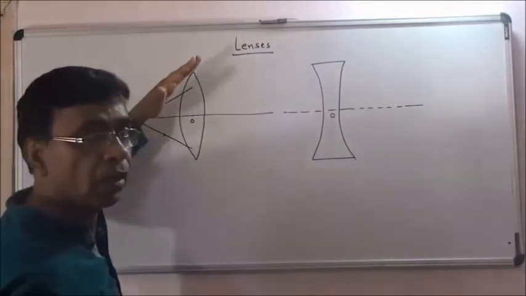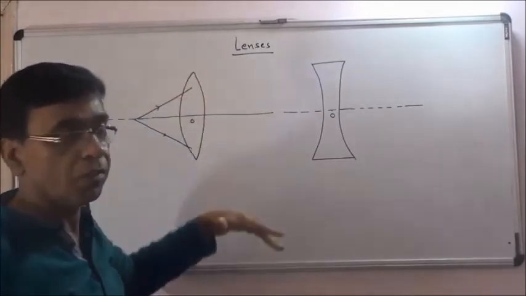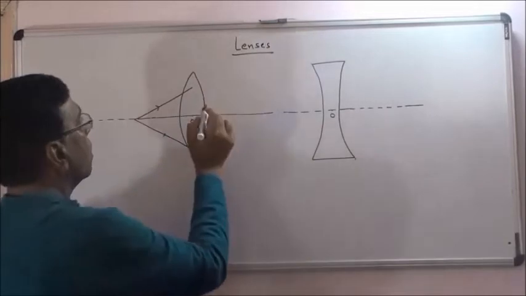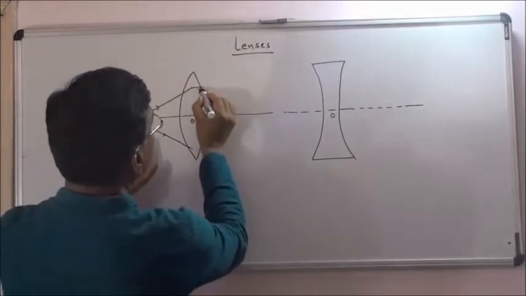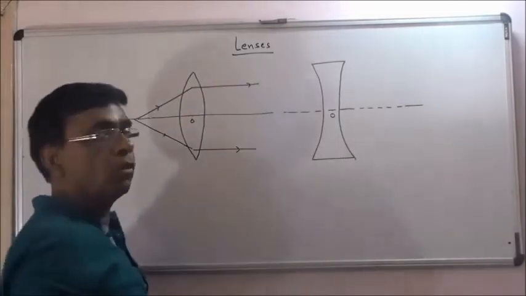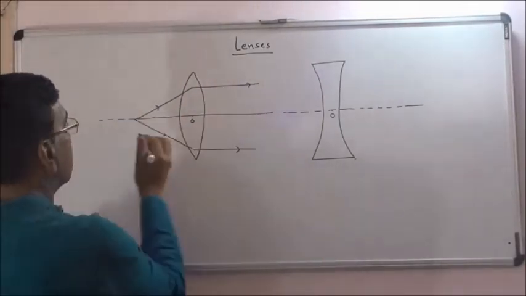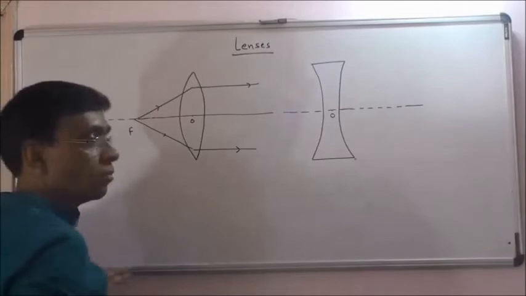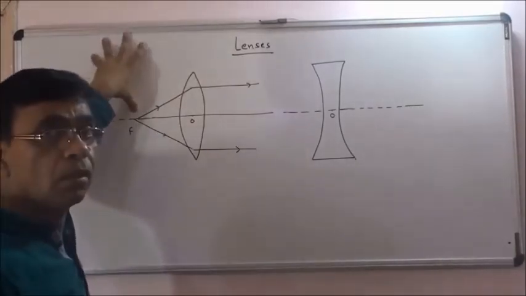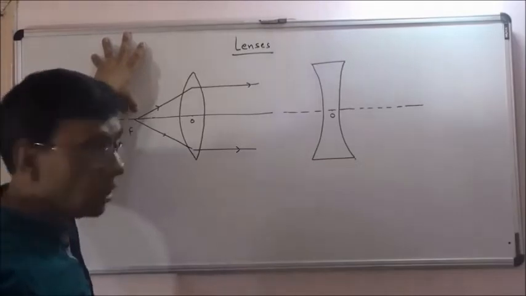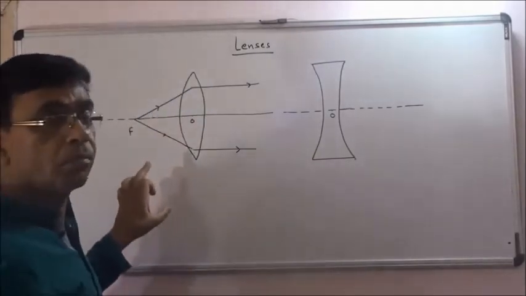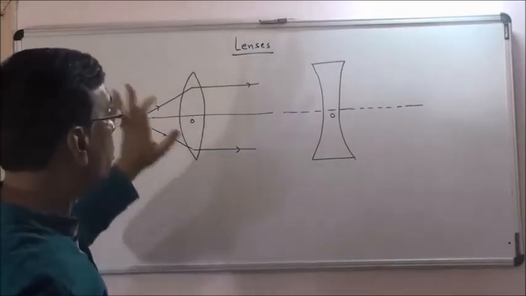Otherwise, refracting action actually occurs at both the surfaces, and it is a converging lens, so it will bring these rays closer. So that point which makes these rays parallel to the principal axis, this is the principal axis, that we call the focus. Focus is a point on the principal axis.